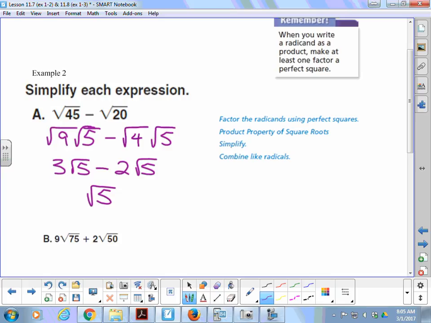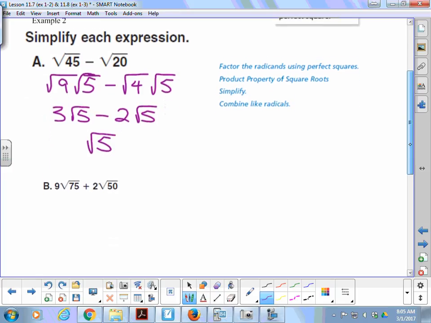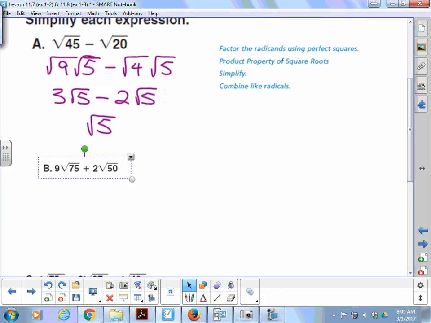So sometimes you have to simplify it first. Then, if you have like radicals, you can put them together. Now, 9 square roots of 75 plus 2 square roots of 50. First of all, we need to simplify these radicals.